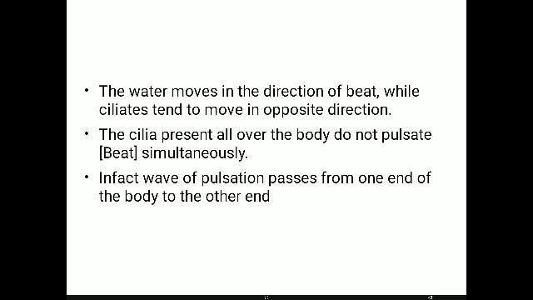In fact, the wavy pulsation passes from one end of the body to the other end of the body. This beating of the cilia starts from one point and ends at the same point. There is no simultaneous beating of the cilia.